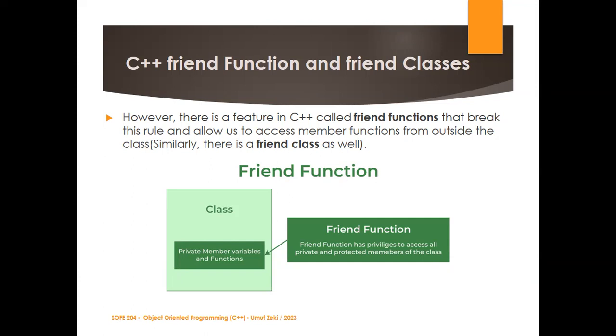We have a way of doing it: we can use a friend function. Then it is like a public member, and we can directly reach it.